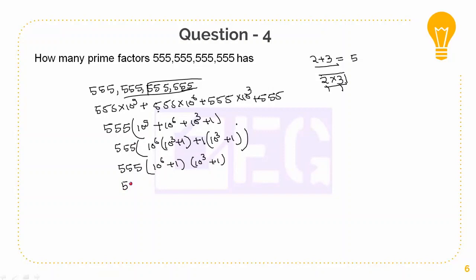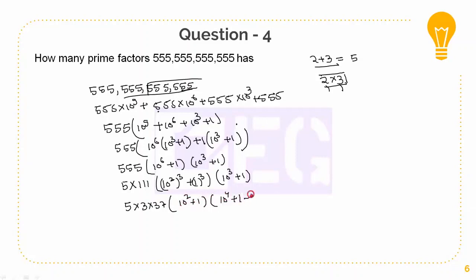Now you can break 555 as 5 into 111. 10 to the power 6 plus 1 is 10 square whole cube plus 1 whole cube, and we use a cube plus b cube equals a plus b times a square plus b square minus ab. So this gives 5 into 3 into 37 into 10 square plus 1 into 10 to the power 4 plus 1 minus 10 square, into 10 cube plus 1, that is 1001.